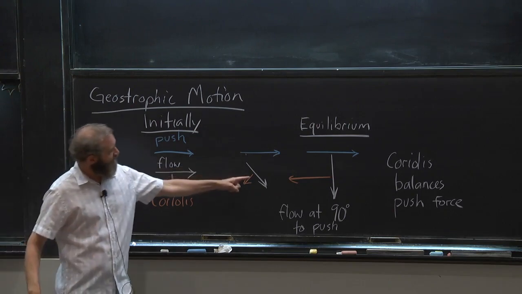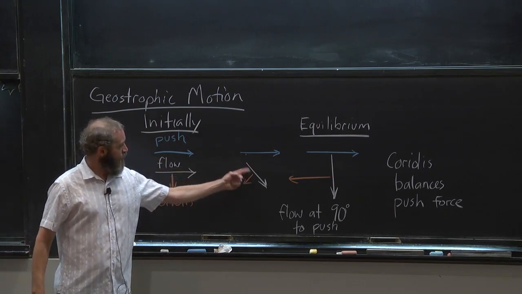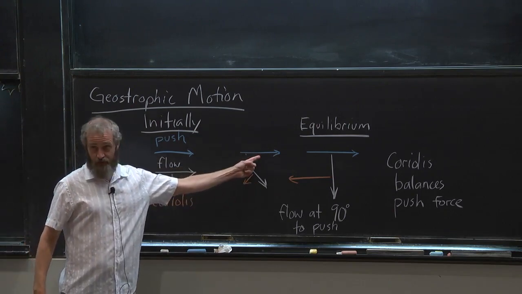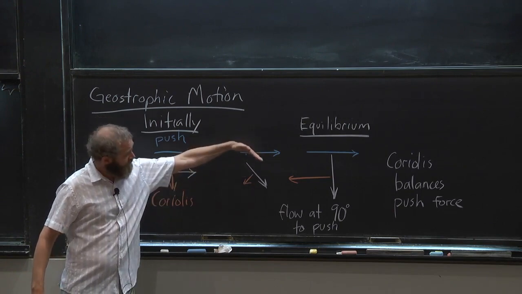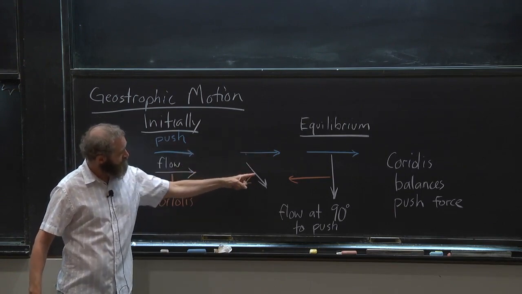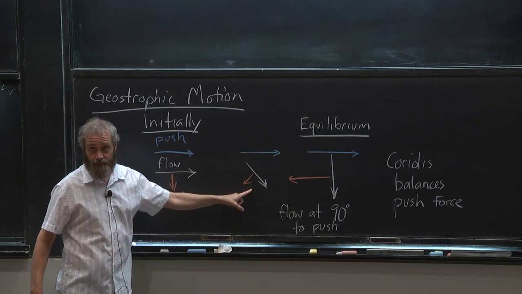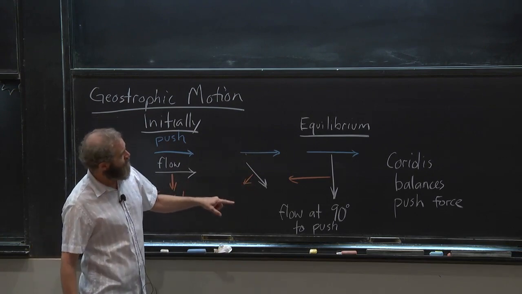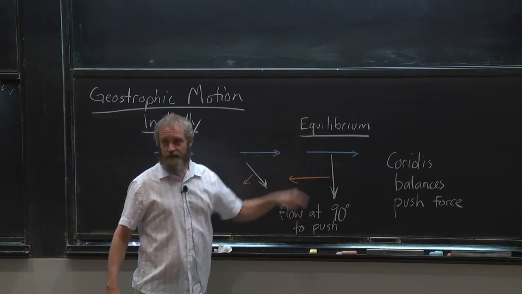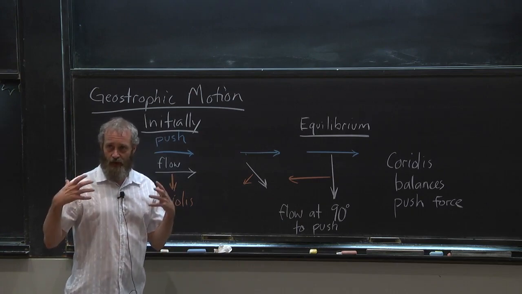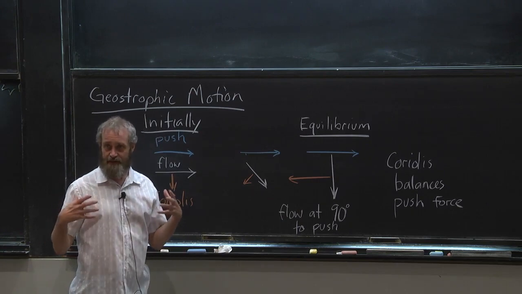So after a little while, the flow is not going the same direction as you're pushing it anymore. It's sort of rotated off to the side, and the Coriolis is always following the flow here. And eventually, you end up with the equilibrium state, which is what it sort of relaxes to and then stops changing.